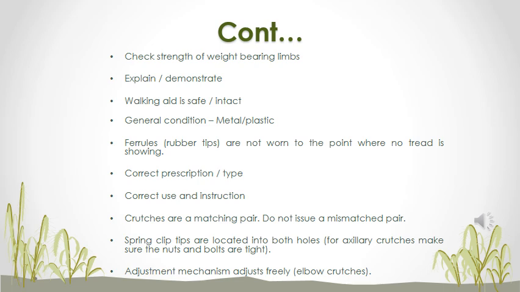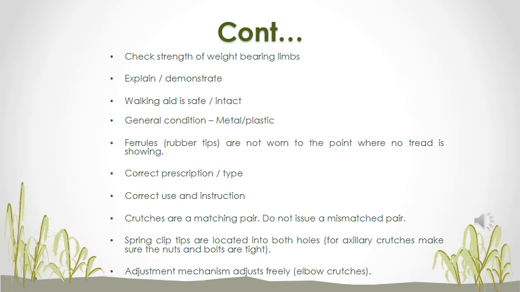The crutches should be a matching pair. So make sure they match, and you can often pick this up when you measure it according to the patient's specifics, where their greater trochanter is.